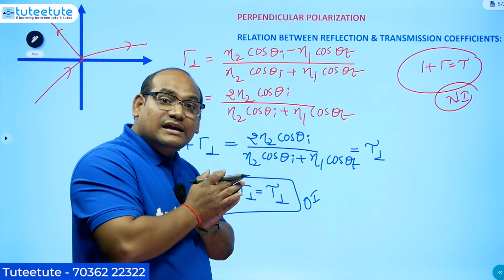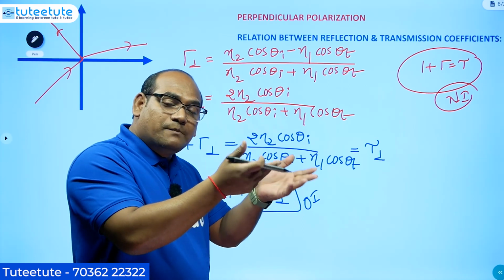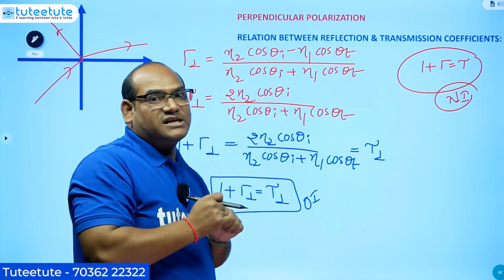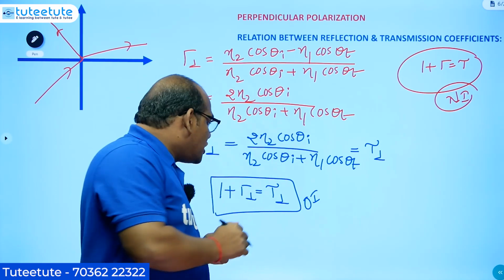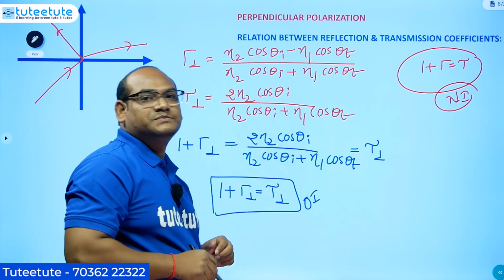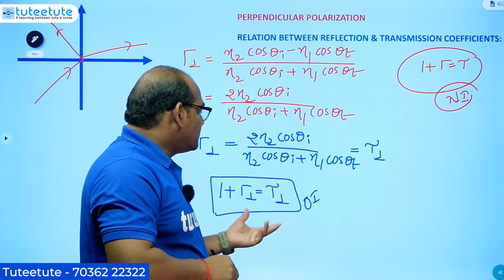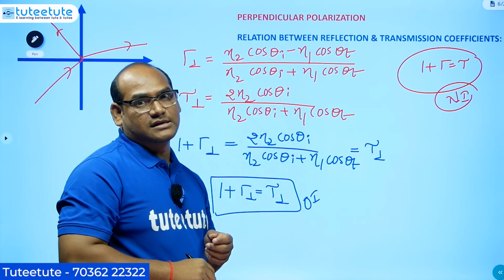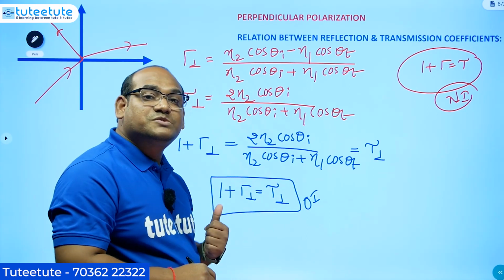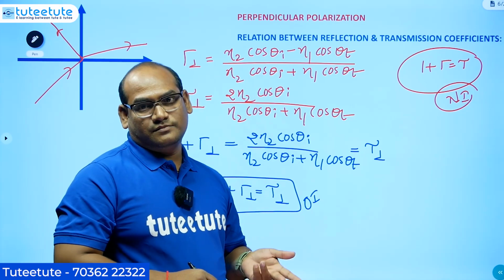Then the incident must be more compared to the reflected and transmitted parts. But here what is happening? We are observing that this transmission coefficient is more than 1. How is it possible? I discussed the same thing in the case of normal incidence also. It is just giving the relationships according to electric fields.